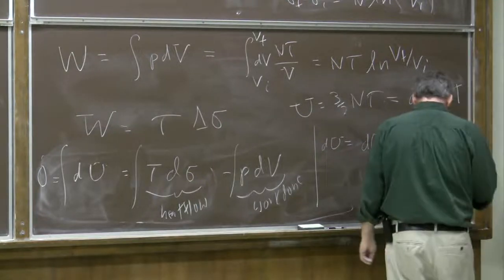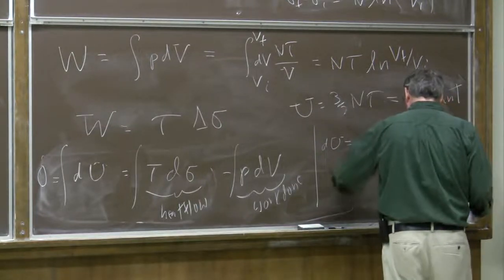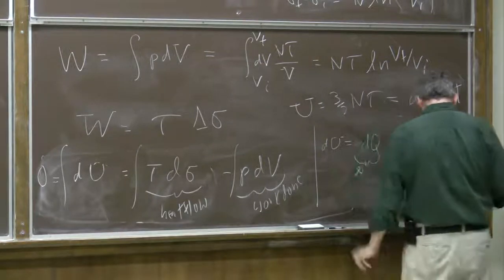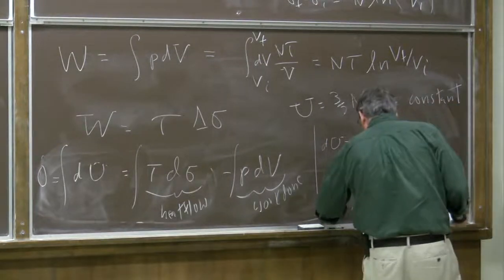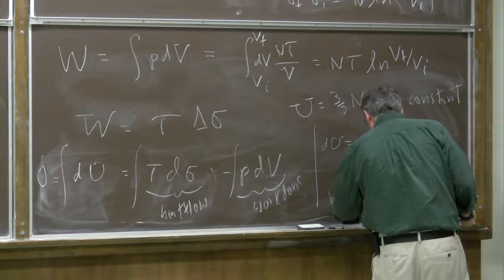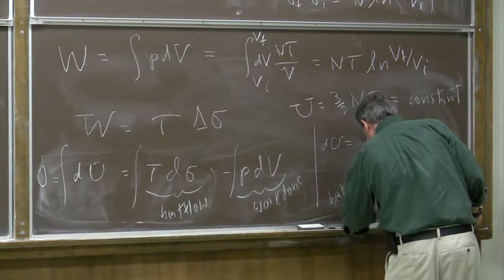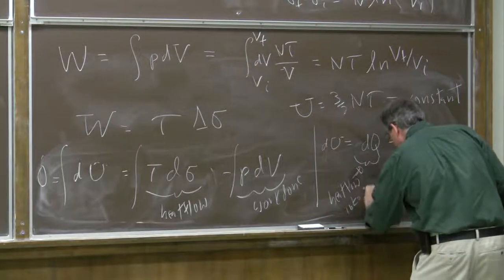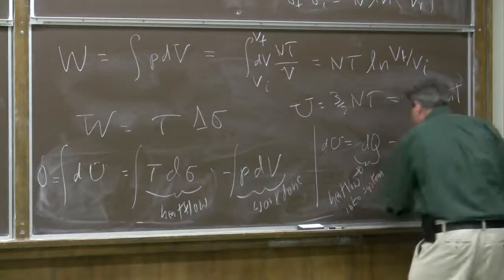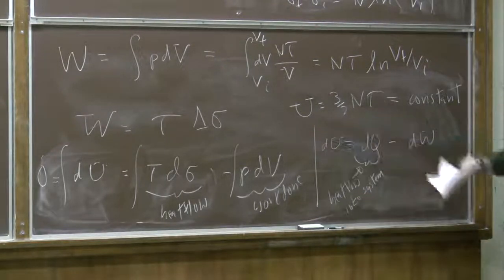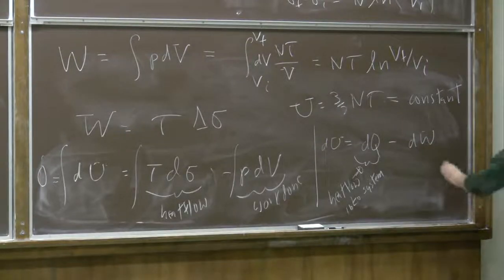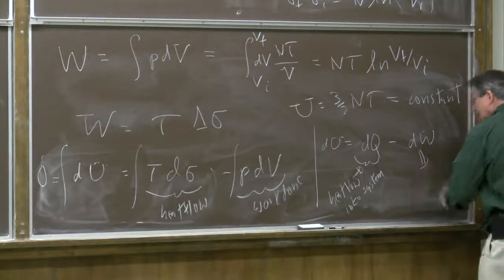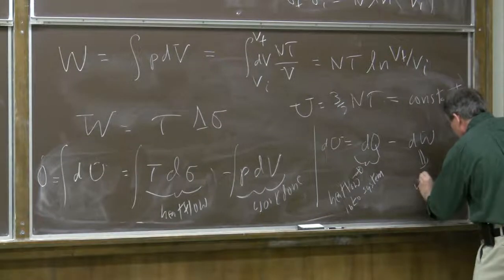We have to be careful about the minus signs, which can be very confusing. Here by dQ, I mean the heat flow into the system. In this case, it's coming from our reservoir. Heat flow into the system can increase the internal energy of the system. And by dW, I mean work done by the system.